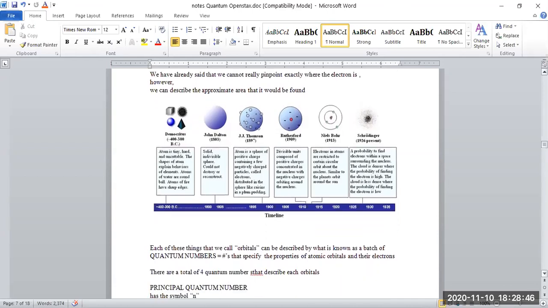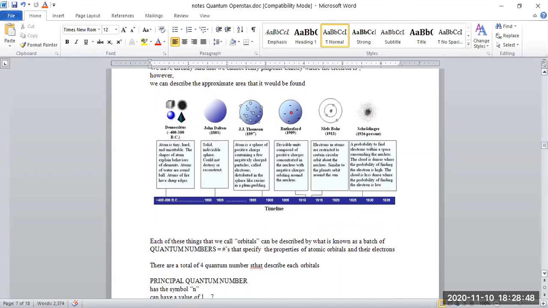We can make math equations that will allow us to figure out where it is probable that electrons will be and where it is less probable.